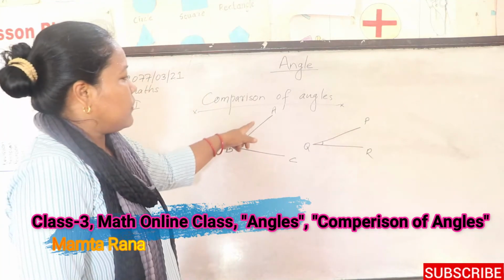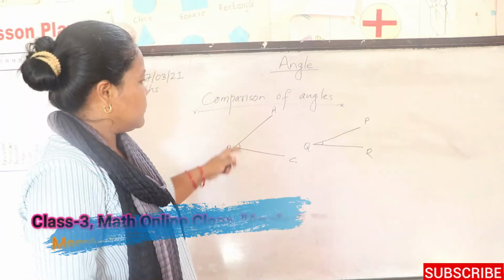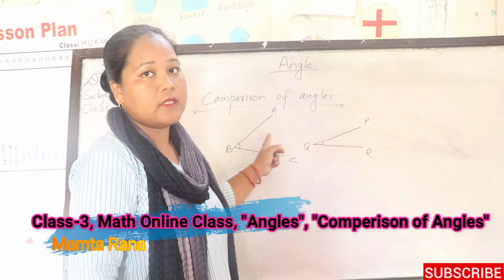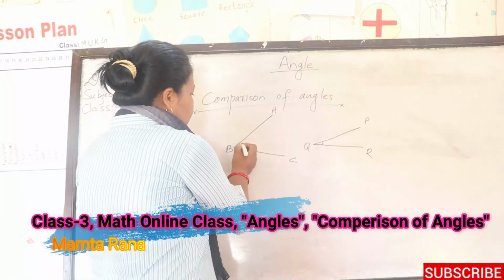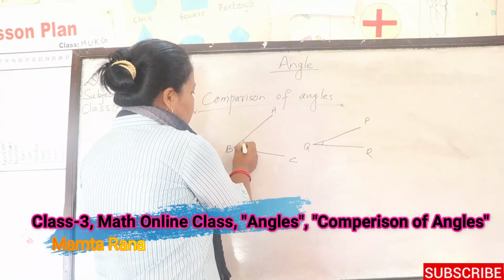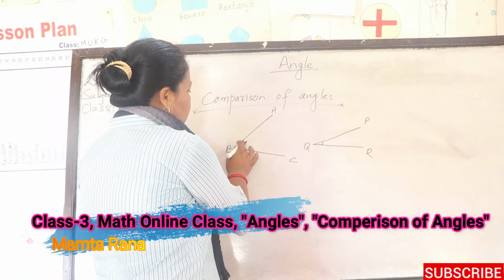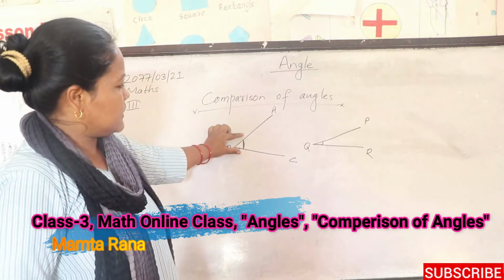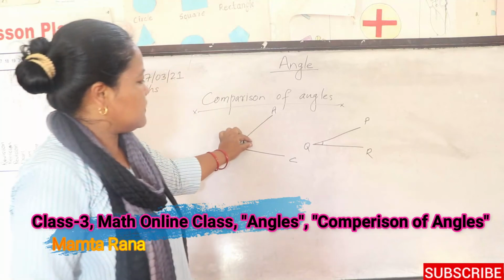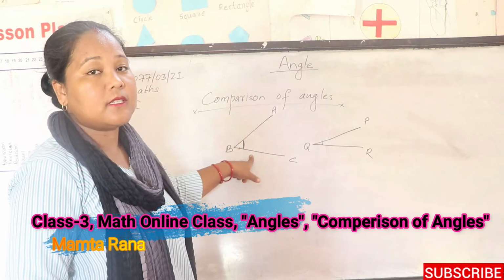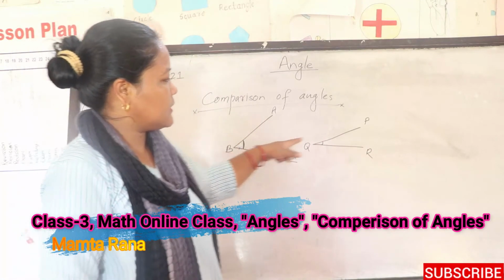To compare two angles, we have to look at the distance between these two line segments. If the distance between the two line segments is bigger, then we can say this is the bigger angle.